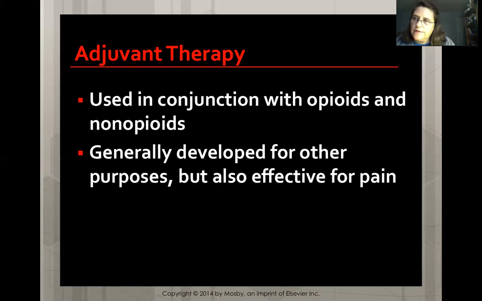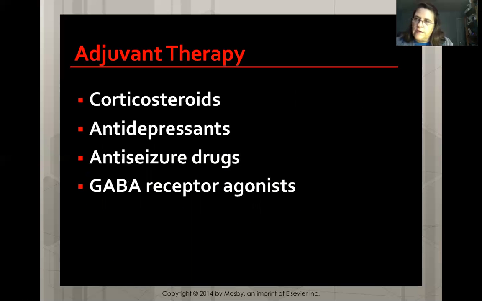Okay, adjunctive therapy. In conjunction with opioids and non-opioids, we can generally use other types of drugs that help. Some of these drugs are corticosteroids. They enhance the opioids. We also use antidepressants, like the tricyclic antidepressants. We can also use anti-seizure drugs.